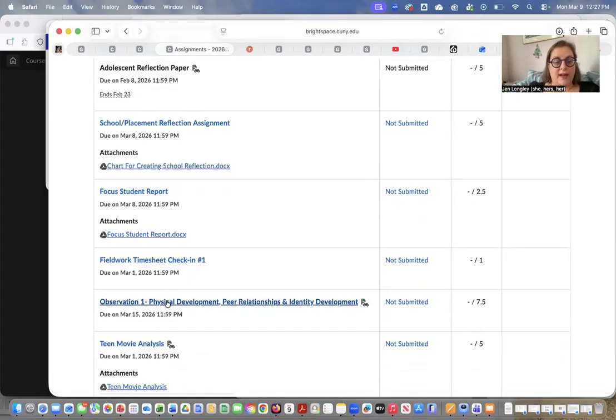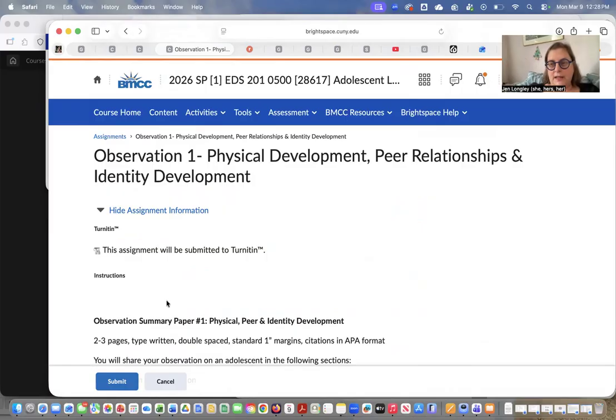So you've identified and submitted your focus child report, so you've shared with me who your focus child is going to be. Now, taking a step back, you have started your fieldwork. You are in your fieldwork placement, and you have identified your focus child.